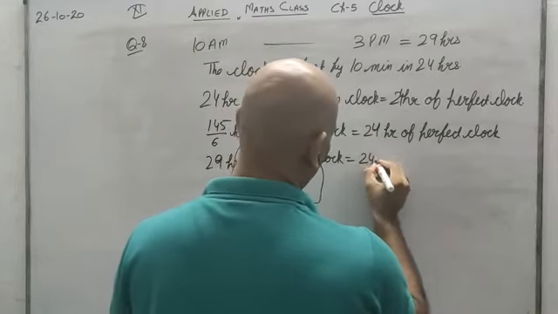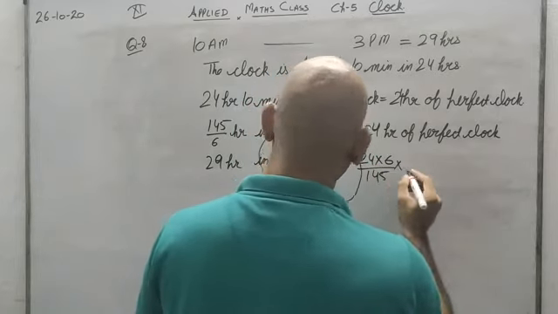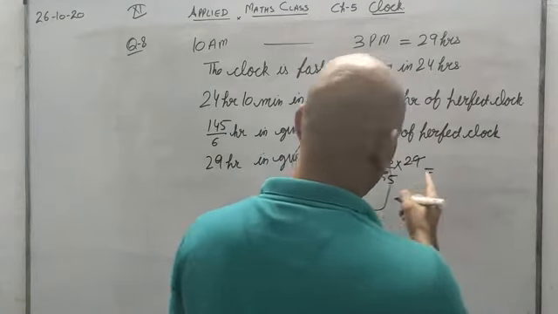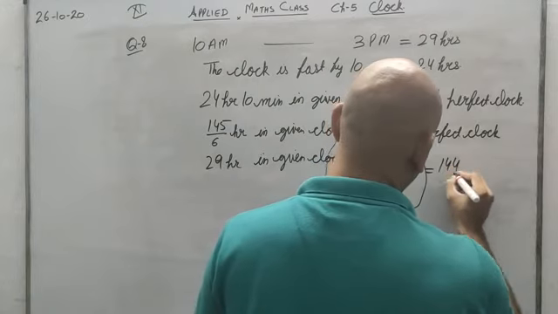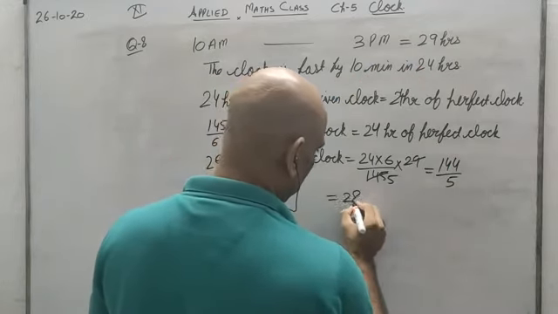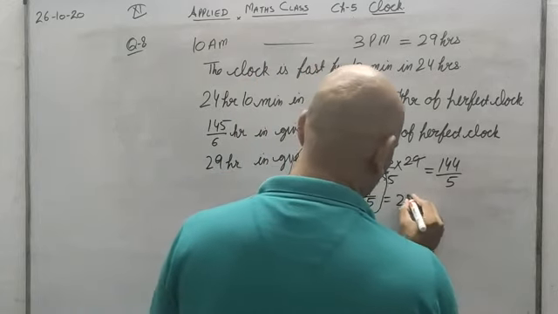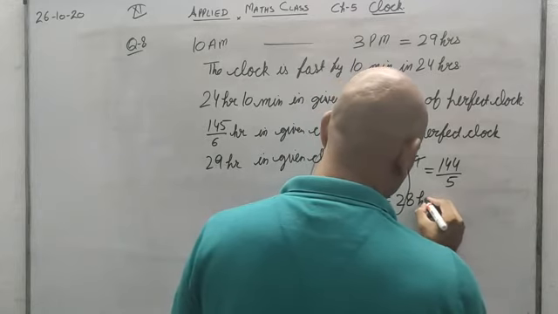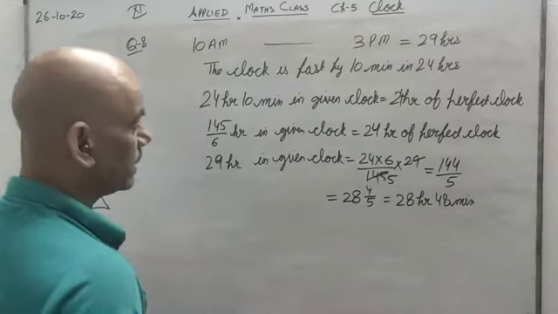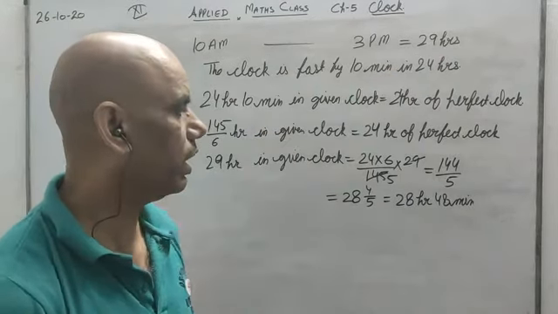So 24 into 6 by 145 into 29. So 29 5s are and 24 6 are 144 upon 5. So I can say 28 is to 4 by 5, or I can say 28 hours 48 minutes. So basically, which it is showing 29 hours, it is 28 hours 48 minutes only.